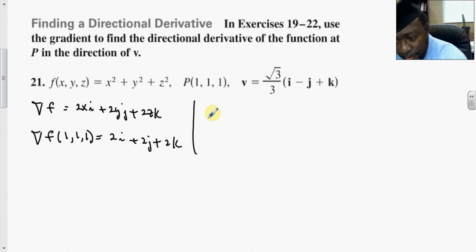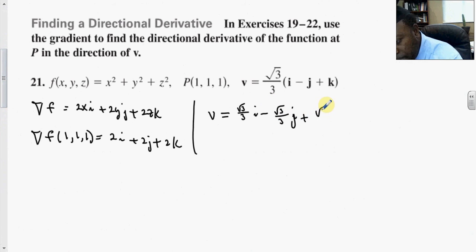Now v is the square root of 3 over 3 i minus the square root of 3 over 3 j plus the square root of 3 over 3 k.